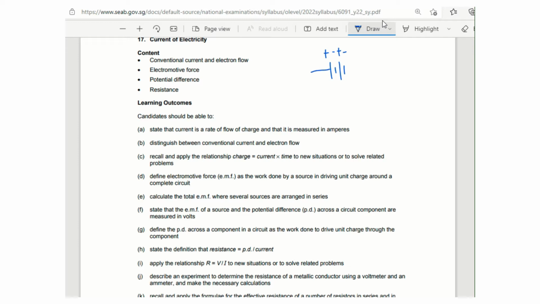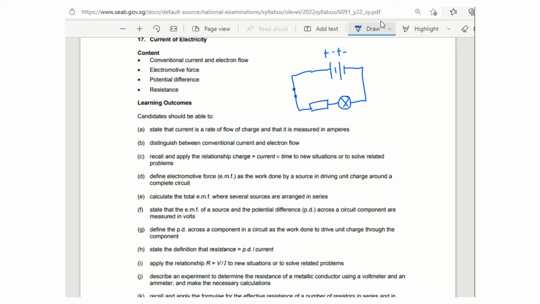Let's assume I have a lamp here, a resistor here, and a switch here. Now I close the switch. So this is a closed circuit, so the current will flow. Conventional current flows from the positive terminal and back to the negative terminal.